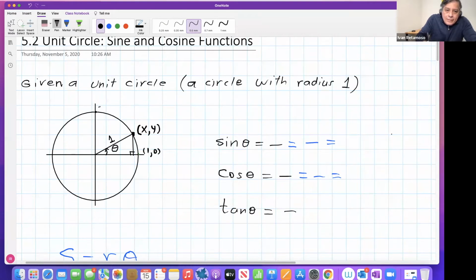This one should be 0, 1. This one should be negative 1, 0. This one should be 0, negative 1.